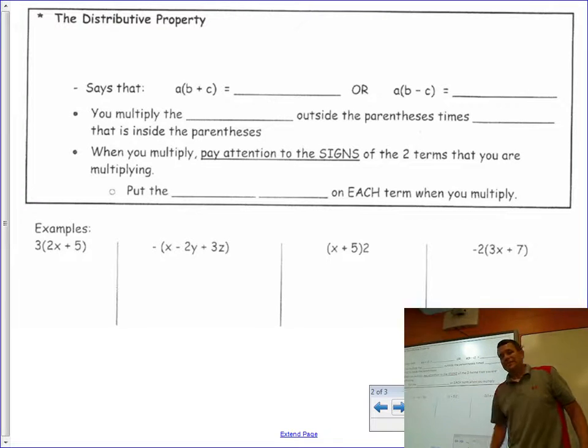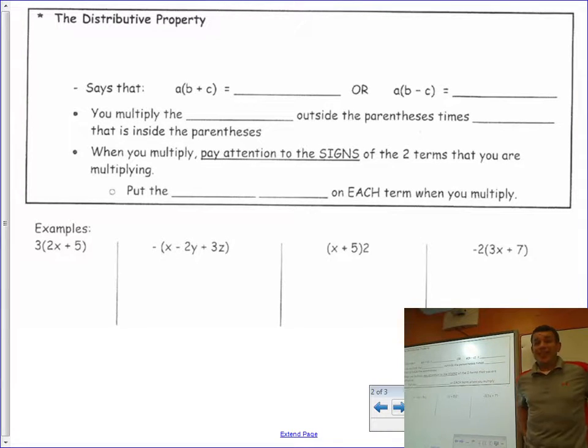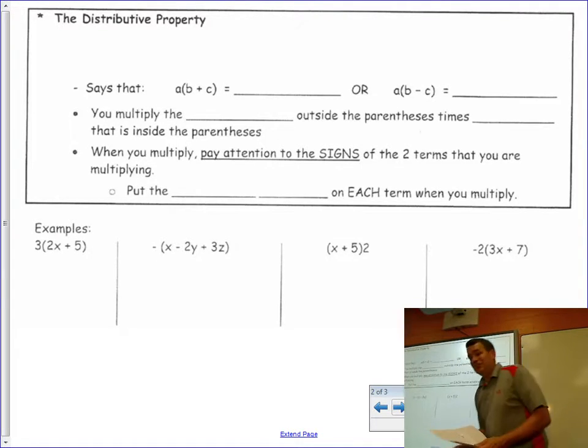All right, what does the distributive property actually say, or what is it actually used for? The distributive property is actually used to do this.